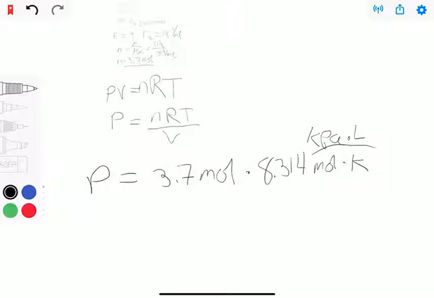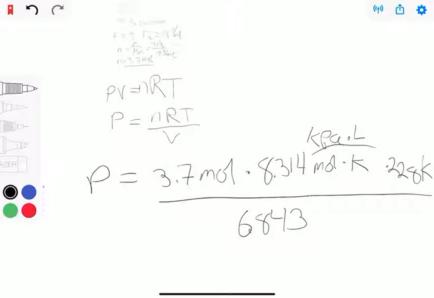So as I put in the information, you're going to see here that I have mole both over and under the division line, Kelvin both over and under the division line, liter over and under the division line, but what stands alone is the kilopascal, which is a little hint here that we are on the right path.